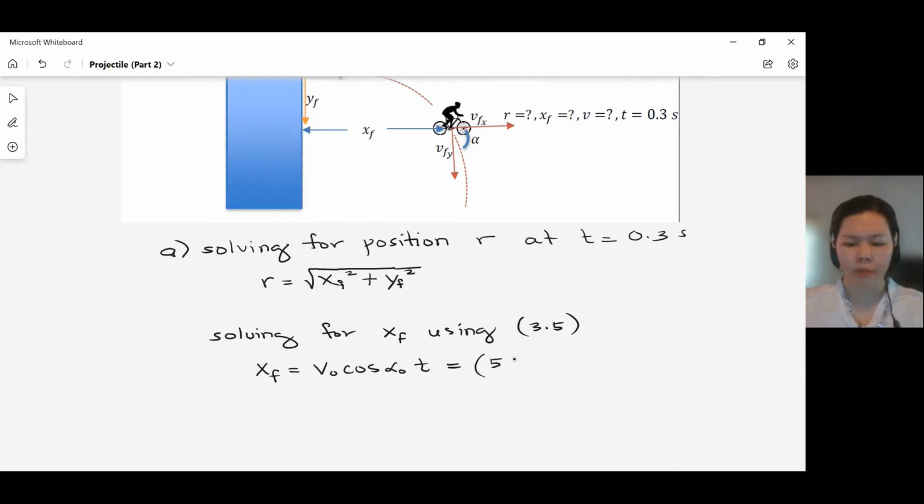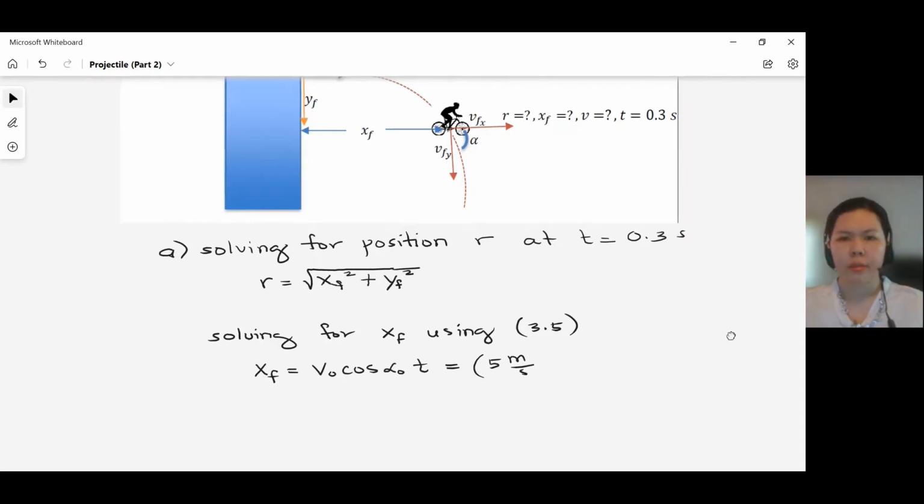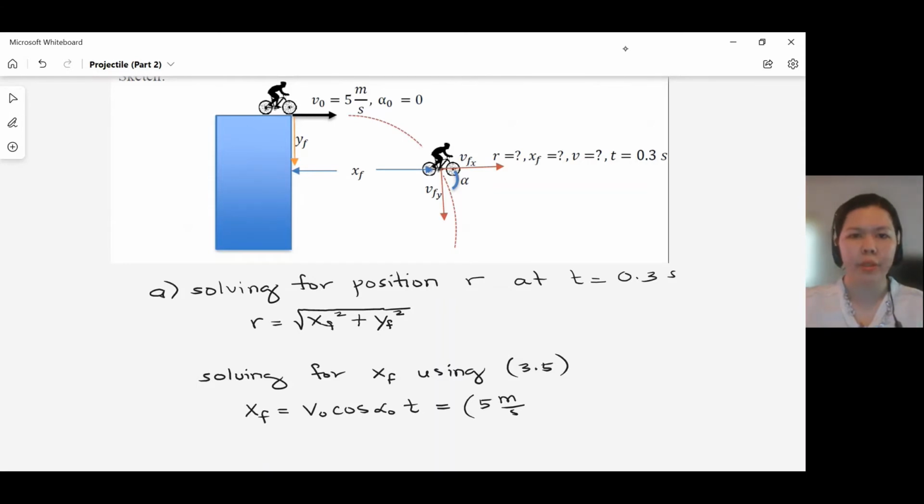V naught is 5 meters per second, given, just substitute. Cosine alpha naught is 0... Time is 0.3 second. Using your calculator, you should obtain a value of 1.5 for the unit. Second over second cancels, leaving meter, which is a correct unit for position.